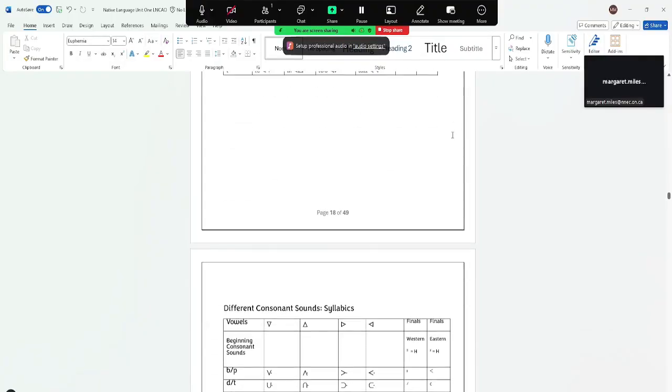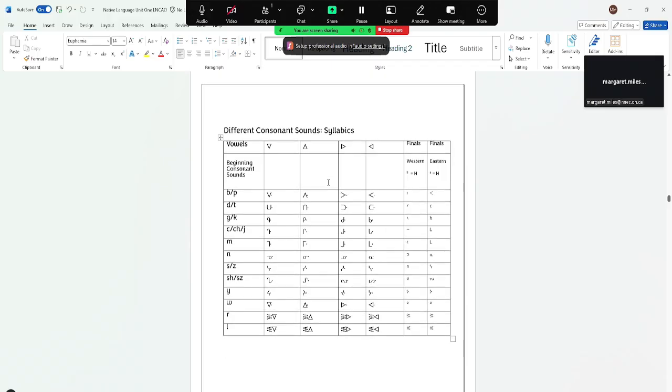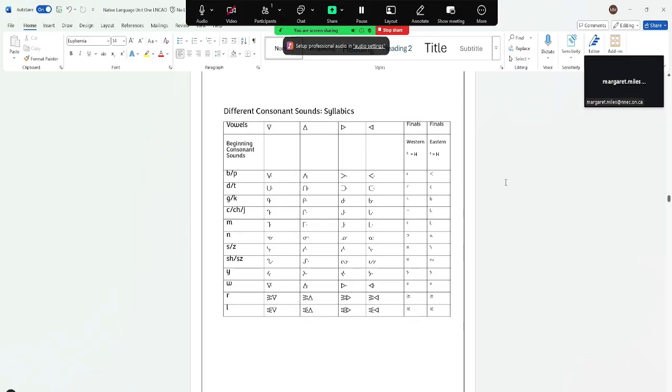The next example chart is the different consonant sounds, and this one is in syllabics. As you can see in the example, the syllabic writing, there is a dot on the side of the syllabic.